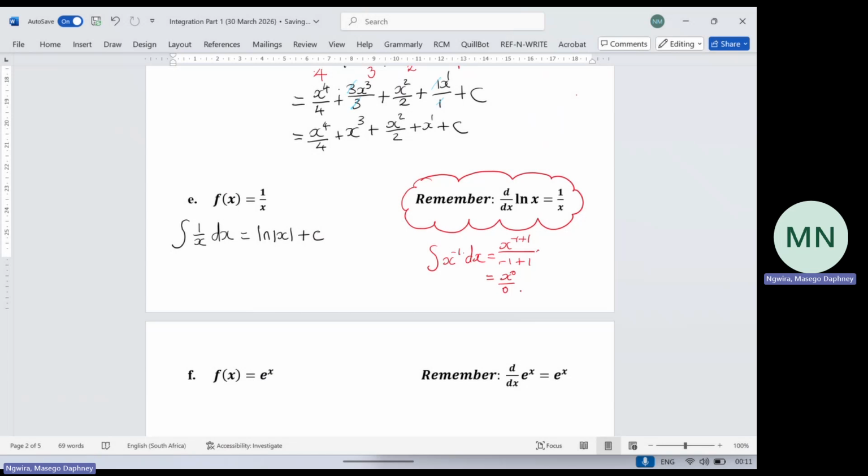The over 0 here tells us that this sum is undefined. It gives you a math error. You cannot divide a number by 0. So that's why we use the ln x. Okay, I hope that makes sense.